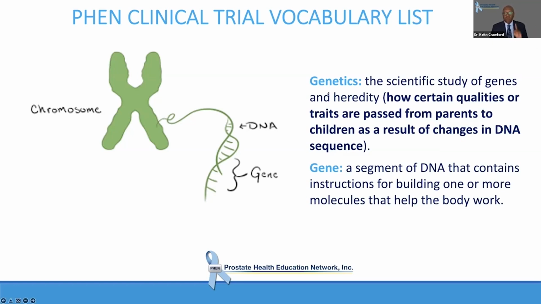So remember, genetics is the scientific study of genes and heredity and how certain qualities or traits are passed on from your parents to children as a result of changes in the DNA sequence. Genes are just a segment of DNA that contains the instructions. Like I said before, it's like that recipe for building one or more molecules that help your body work.